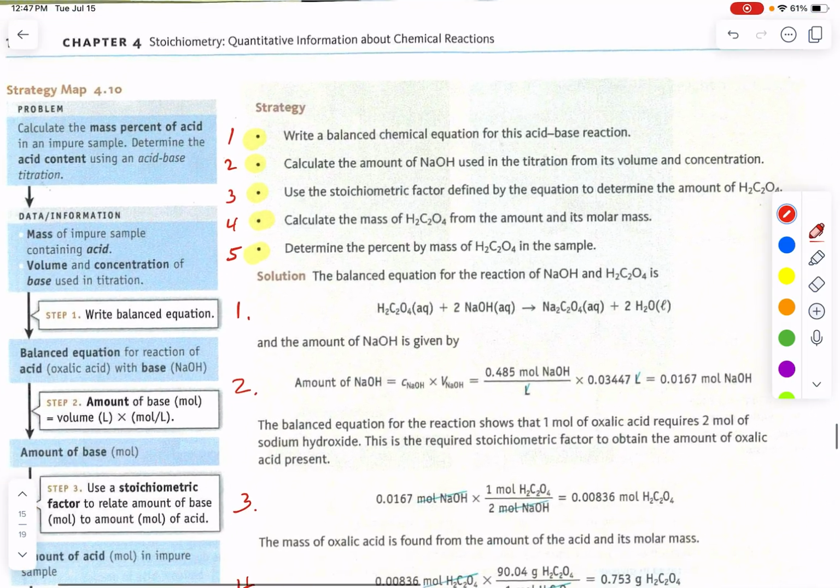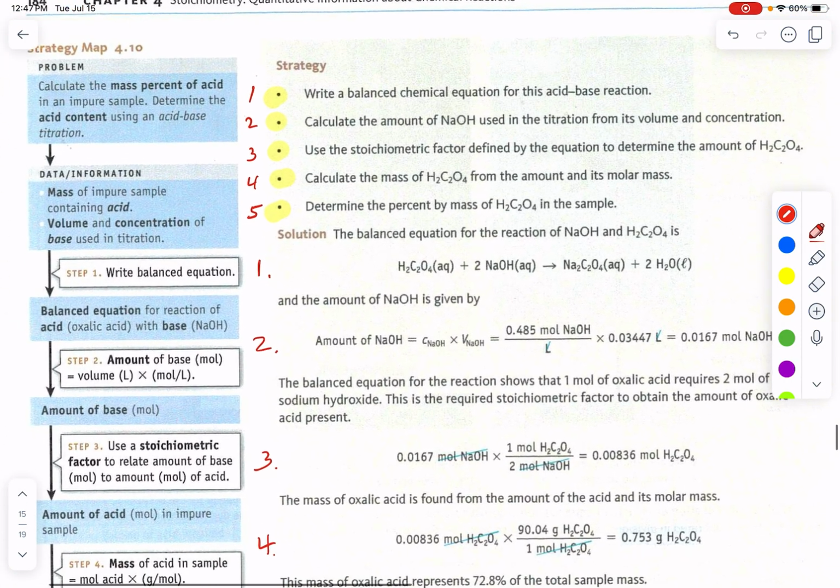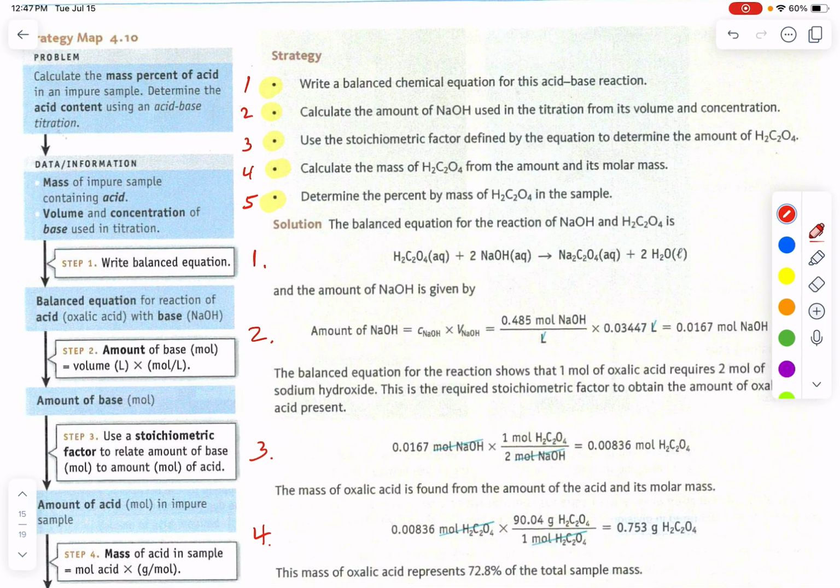So if we do this particular example, and by the way, this is actually the kind of thing that's going on in Lab 6. In Lab 6, if I remember the number correctly, you are going to be using oxalic acid to standardize the sodium hydroxide base in your burette.